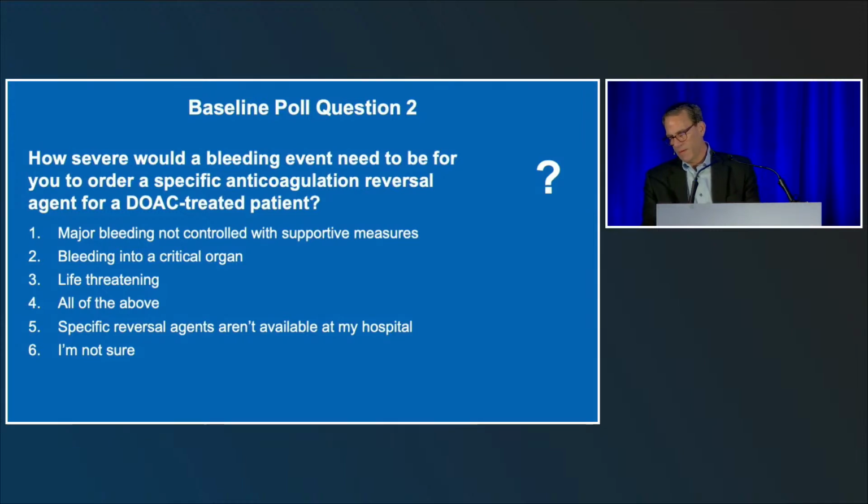And the second poll question is basically getting at what is a major bleed? So how severe would a bleeding event need to be for you to order a specific reversal agent for a DOAC-treated patient? Major bleeding not controlled with supportive measures, bleeding into critical organs such as the brain, the spine, the eyeball, life-threatening, all of the above. You know, when those questions are on the board and all of the above is an option, it's almost always the answer, right?